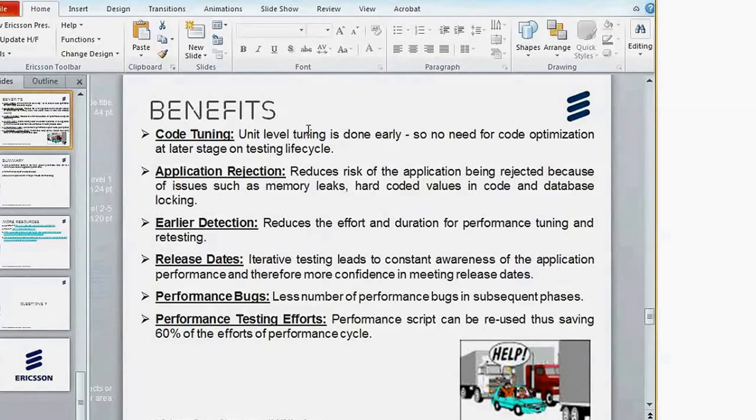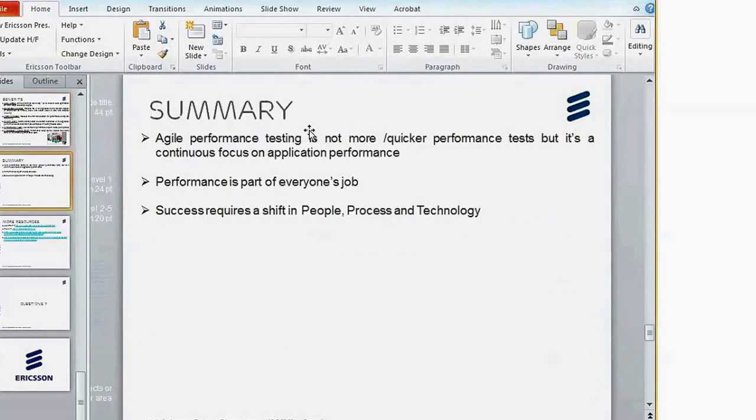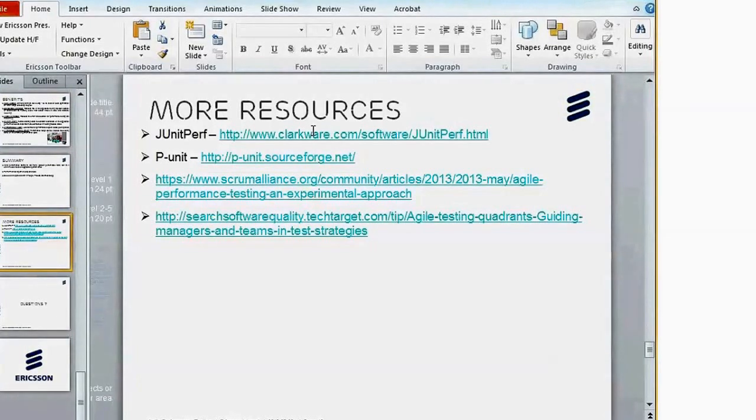It completely depends on project to project. Because I'm sure none of the developers would be aware of the unit testing performance frameworks because hardly anyone uses them. So it completely depends upon project requirements. In some projects, developers themselves do it, because unit testing is a developer's activity, so ideally they should do it.